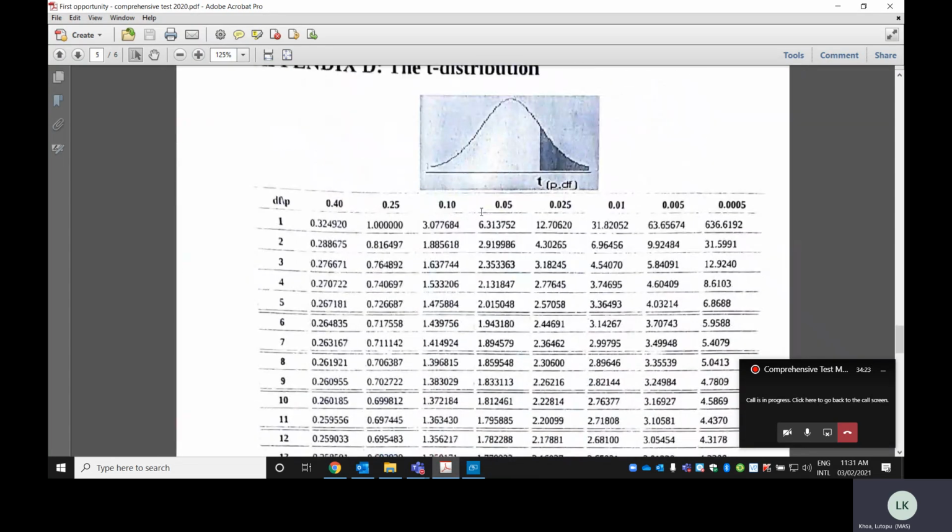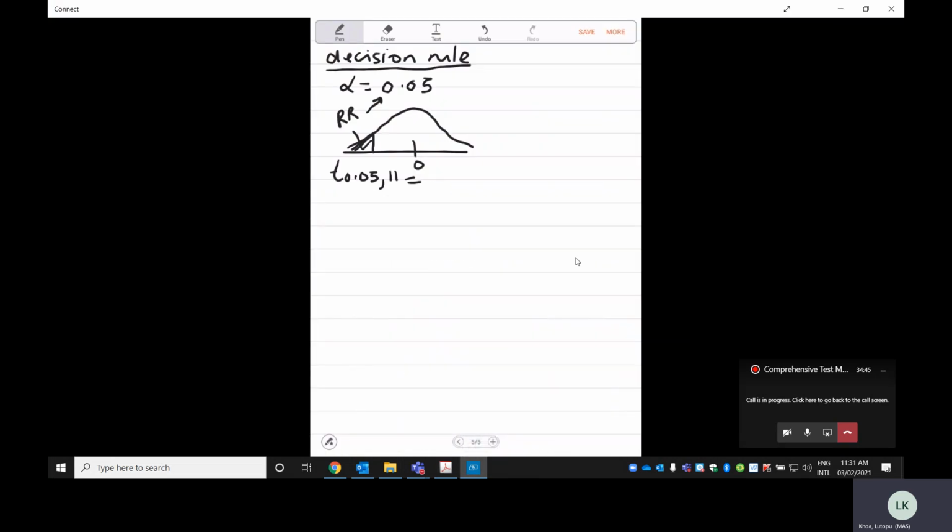So here we have 0.05 and we have 11 degrees of freedom. So this is the one we're looking for. It's 1.795885, but it's negative because it's on the left. So this is negative 1.795885.